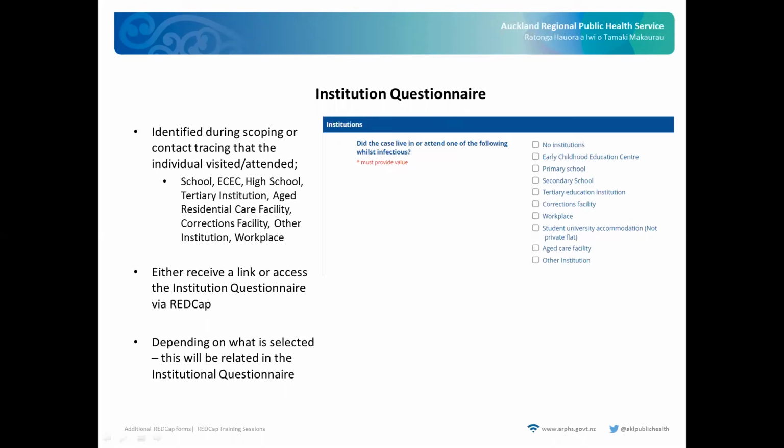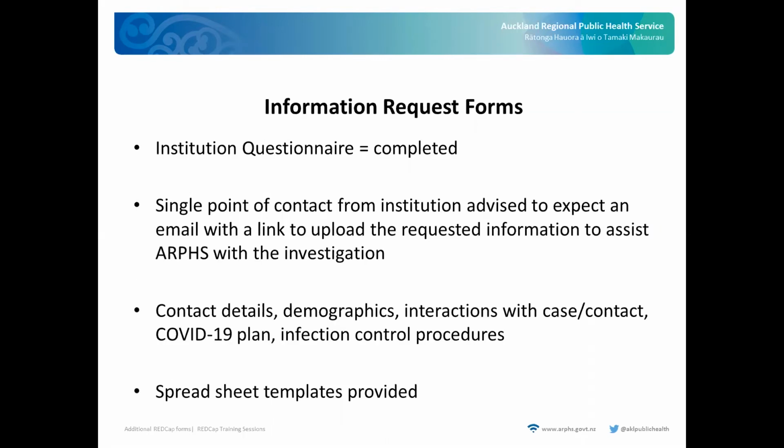When we're completing the institution questionnaire with our main contact person of that facility, we would ask that you advise them to expect an email link from us that'll take them to the information request form. And that's just for us to collect more of the contact details, demographics, interactions with case or contacts, the COVID-19 plan, infection control procedures, and so forth.